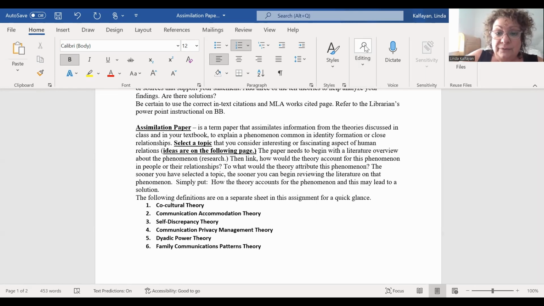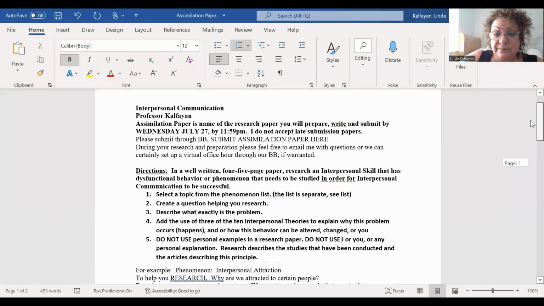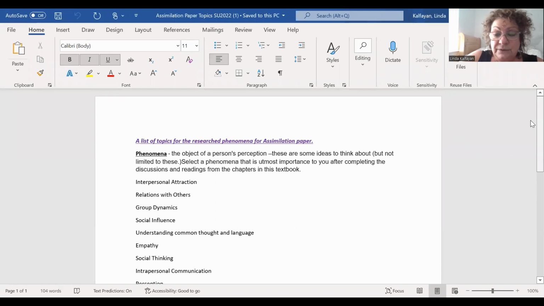So we have gone through your directions, giving you more information with this talk on explaining the assimilation paper. I showed you the list of topics, and here they are again. So here are the topics that you can select from, and if you have something else you wanted to do, that's fine.